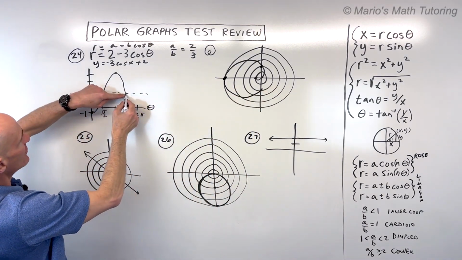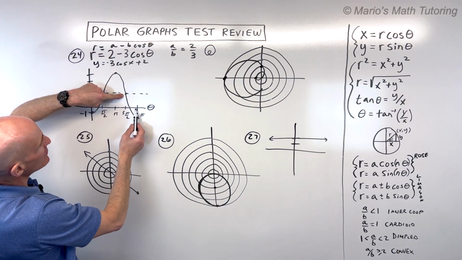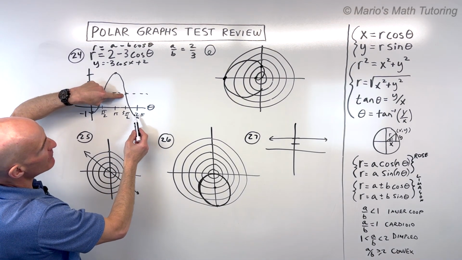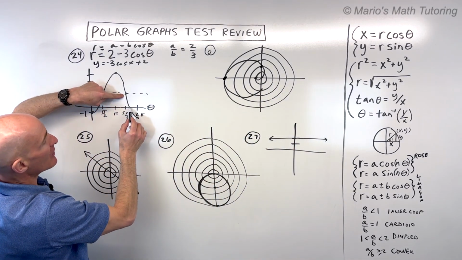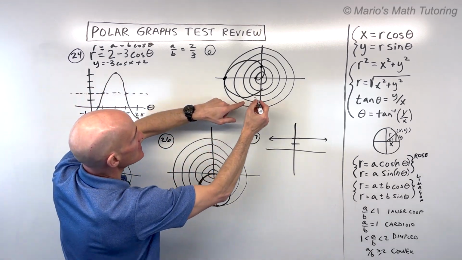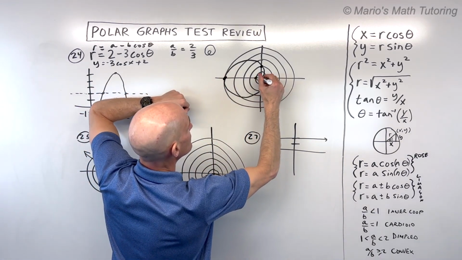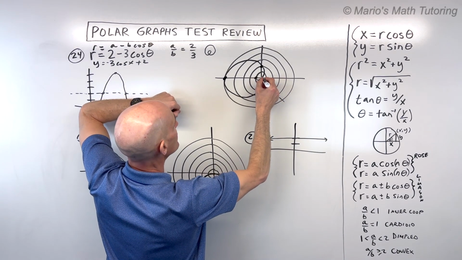Then what happens from 3 pi over 2 to roughly somewhere in between 3 pi over 2 and 2 pi, maybe 7 pi over 4 roughly. This is 7 pi over 4. It's going to come down to an r value of 0. So again, you're reeling it in. The r value is getting smaller and smaller as you rotate to this line here, about 7 pi over 4. It's going to 0 into the pole.